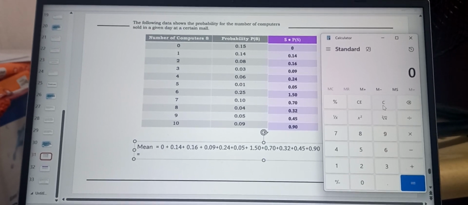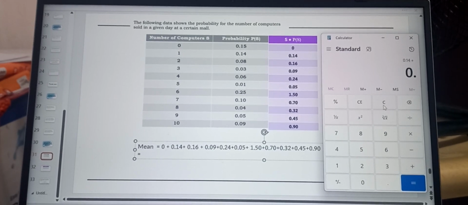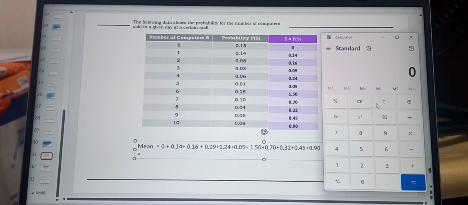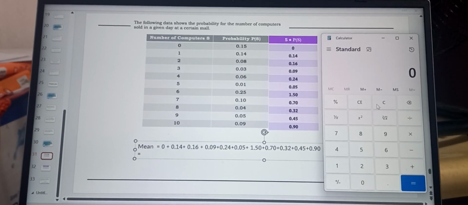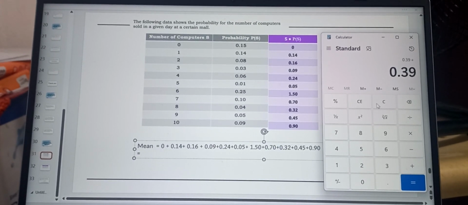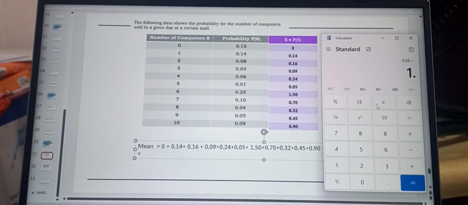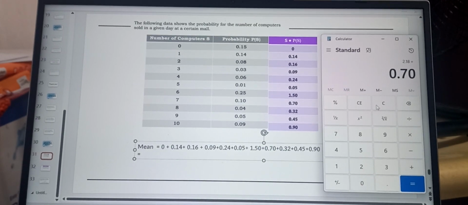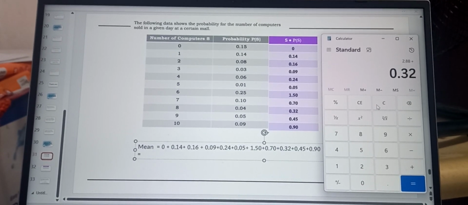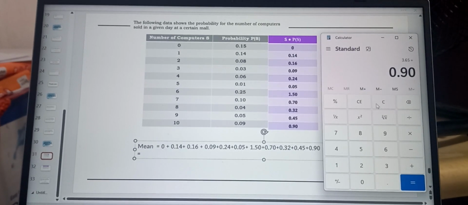Ulit. 0 plus 0.14 plus 0.16 plus 0.09 plus 0.24 plus 0.05 plus 1.5 plus 0.70 plus 0.32 plus 0.45 plus 0.90.